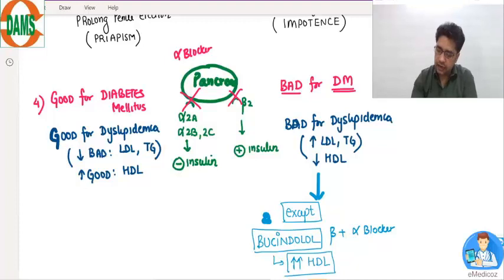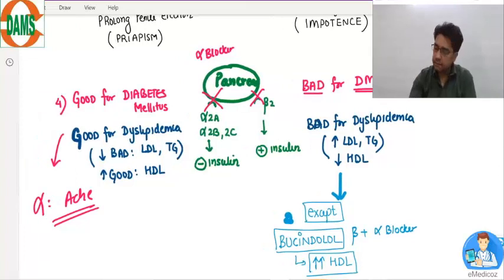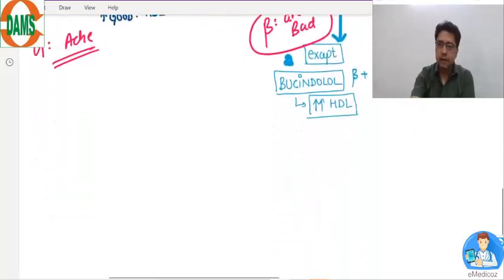You can write alpha R अच्छे for diabetes and dyslipidemia, and beta R bad for diabetes and dyslipidemia. Okay? Chaliye, let's keep this in mind.